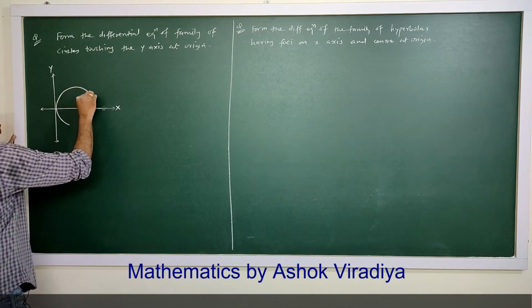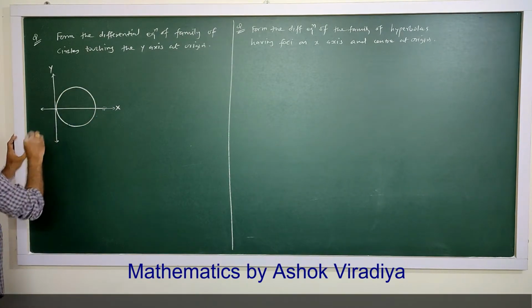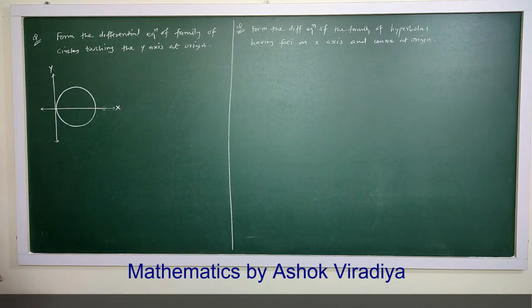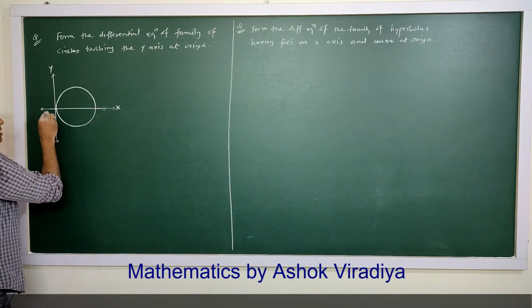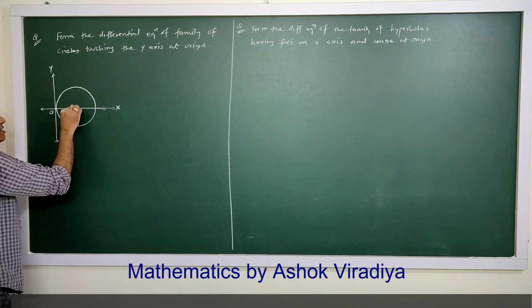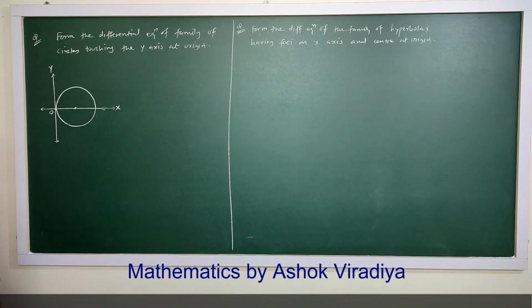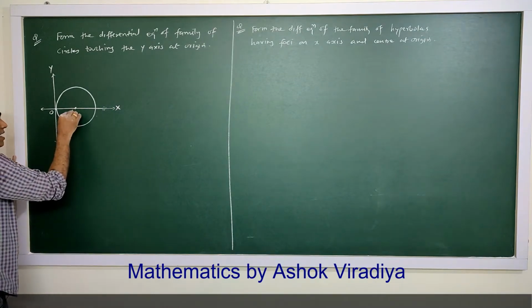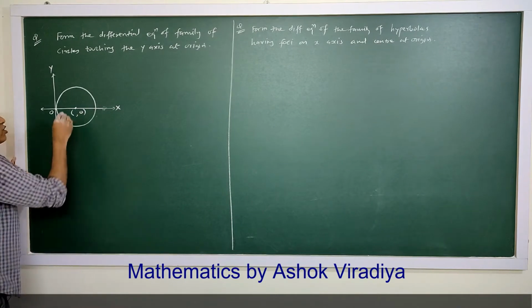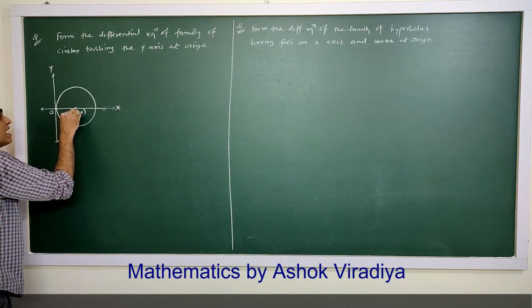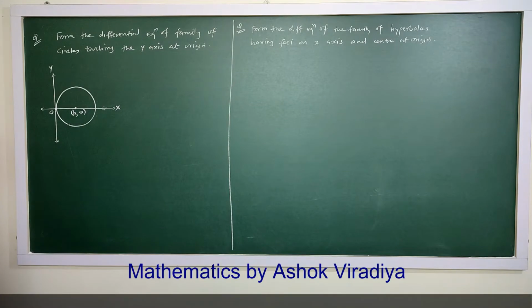When a circle touches y-axis at origin, then its center lies on x-axis, and because center lies on x-axis, its y coordinate is 0. X coordinate can be any real except 0. Suppose x coordinate of center is h.